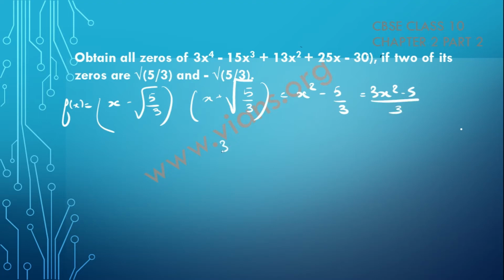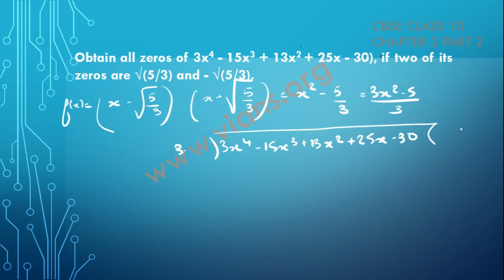Now let's divide 3x power 4 minus 15x cube plus 13x square plus 25x minus 30 by this beautiful number called 3x square minus 5. So we know 3x square into x square will give you 3x power 4 and this will give you minus 5x square.